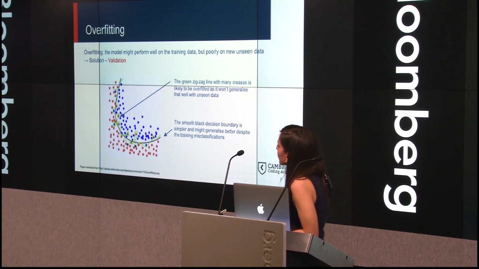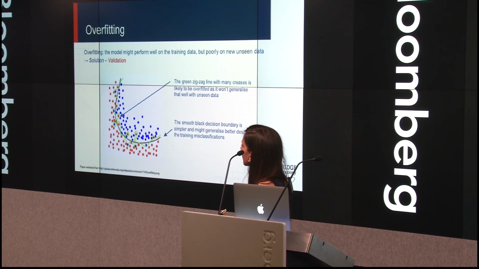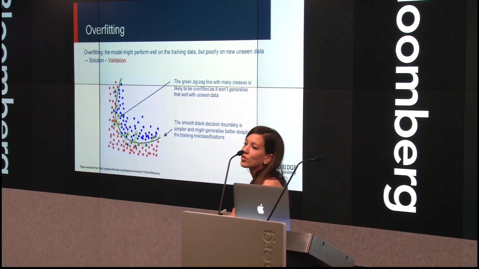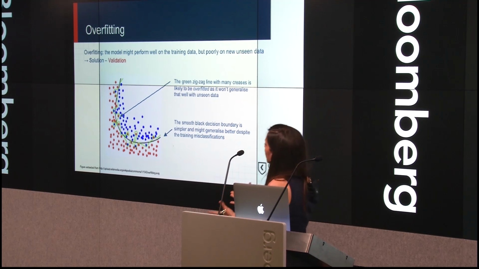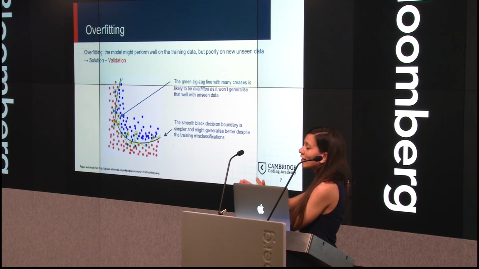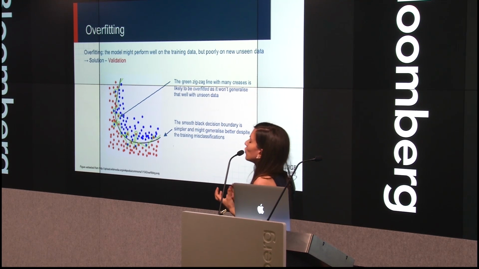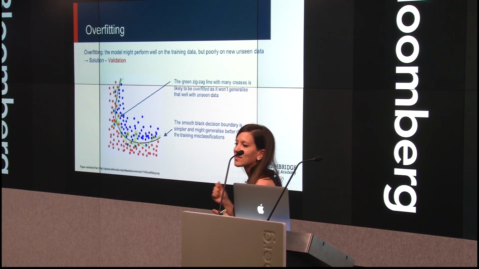Overfitting is the case whereby we're trying to build a decision boundary, and we can think of the decision boundary as the geometric representation of our prediction model. The idea is we build this boundary and we want our classes to fall on each side of it. And there's this tendency, in order to produce this maximum accuracy, to feed our model with a lot of features at a time.